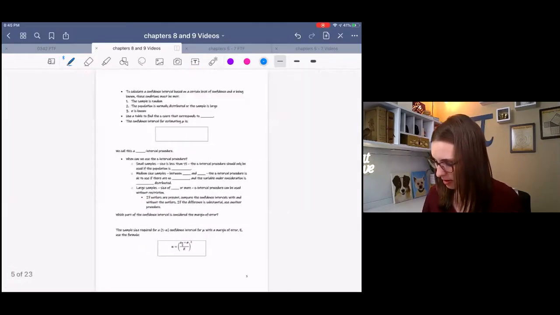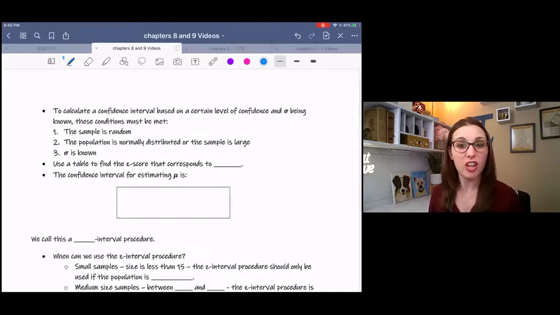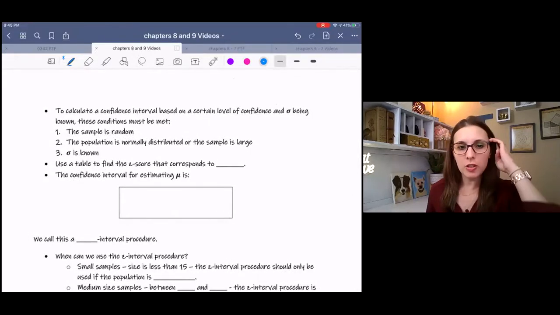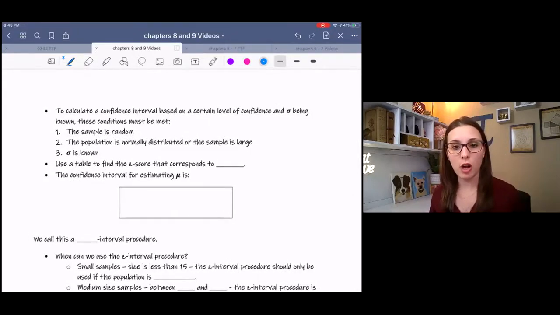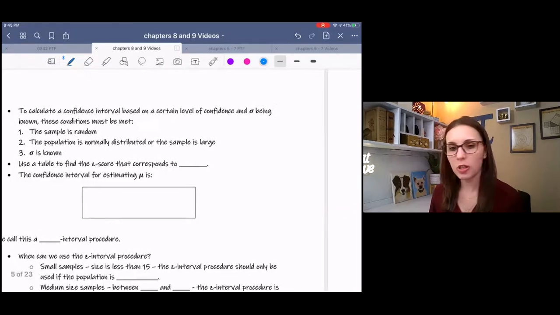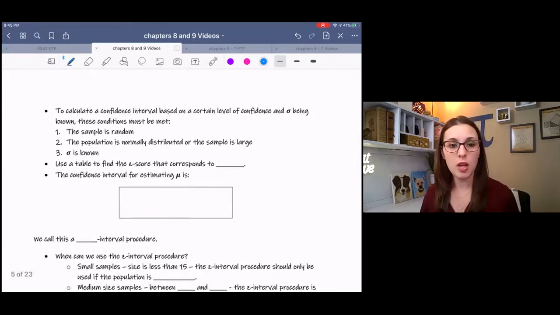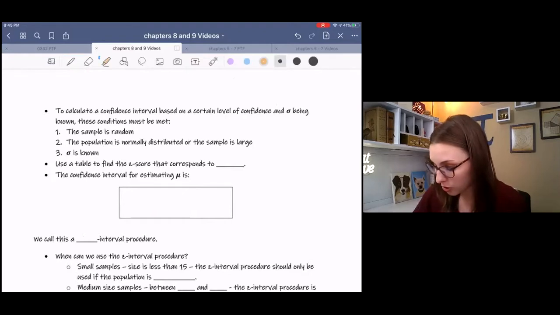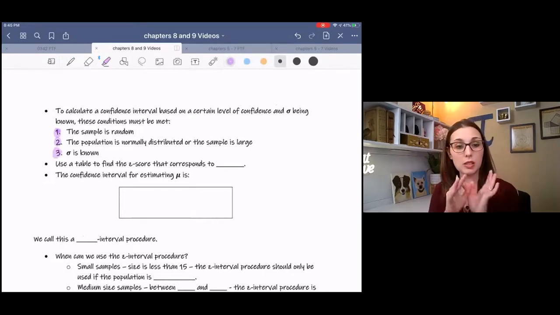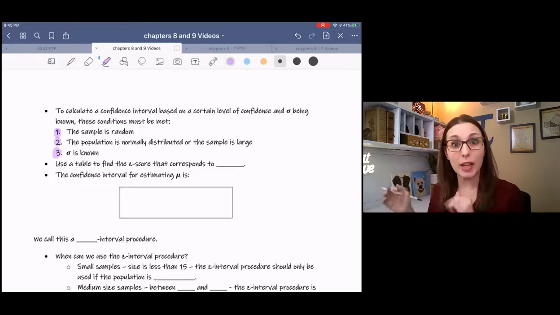Okay, now we get to do some stuff. To calculate a confidence interval based on a certain level of confidence, when the population standard deviation is known, these conditions must be met. This is very important. You might put a little star by these conditions, because these little things that take up a very small portion of our notes are very important.